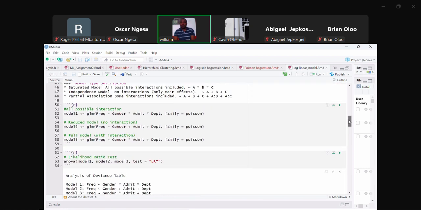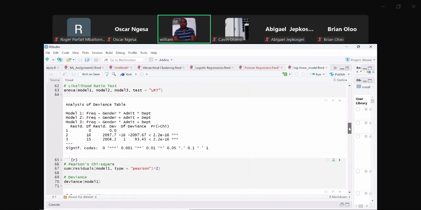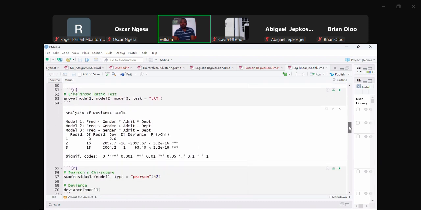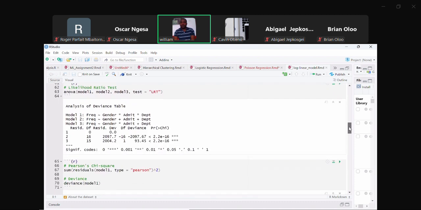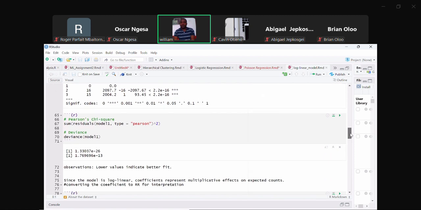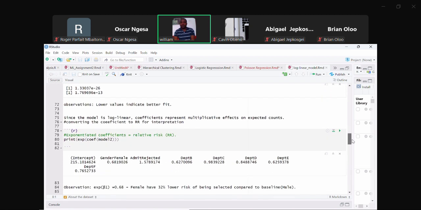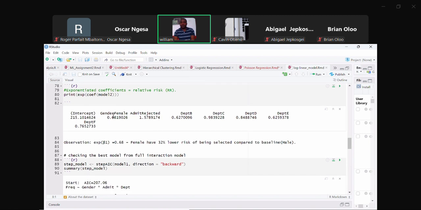And if you are keen, you'll see if it's 3 subcategories, it will give you 2, and the one which is base will not show. So this is exactly why we have gender female, we don't have male.